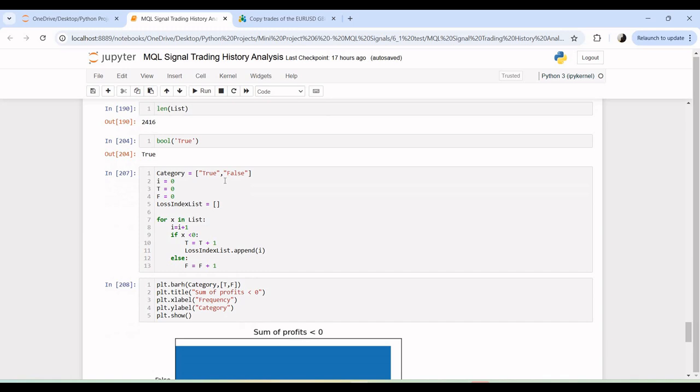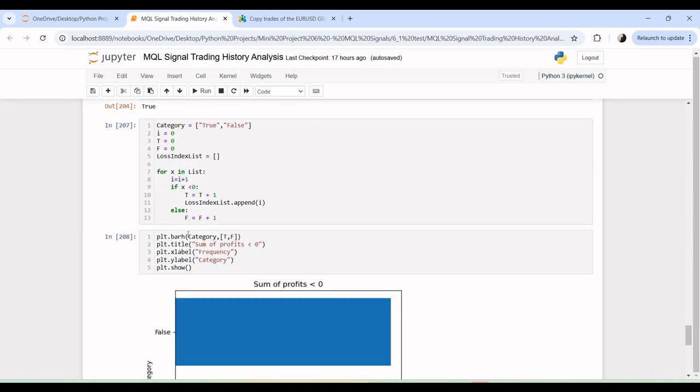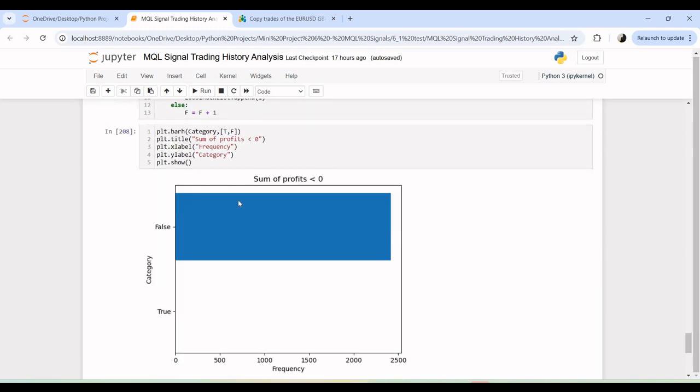We take the profits as a list and we run some logic, returning true if the sum of the profits is less than 0 and false if it's greater or equal to 0, and we see that the vast majority, and kind of looks like all the deals, are in profit. So this is essentially looking like 100% win rate.